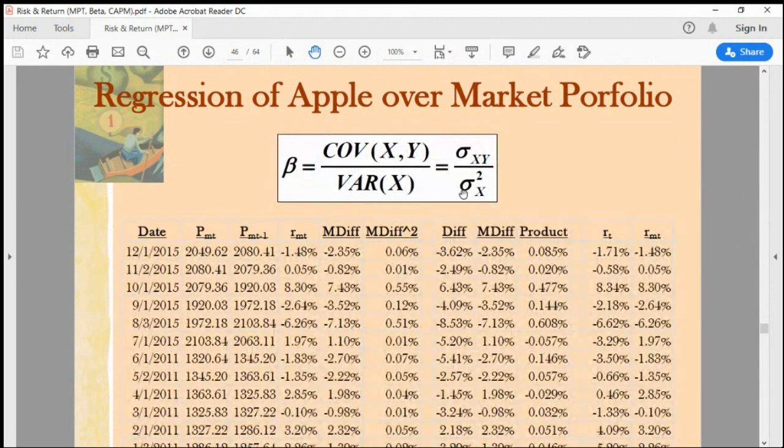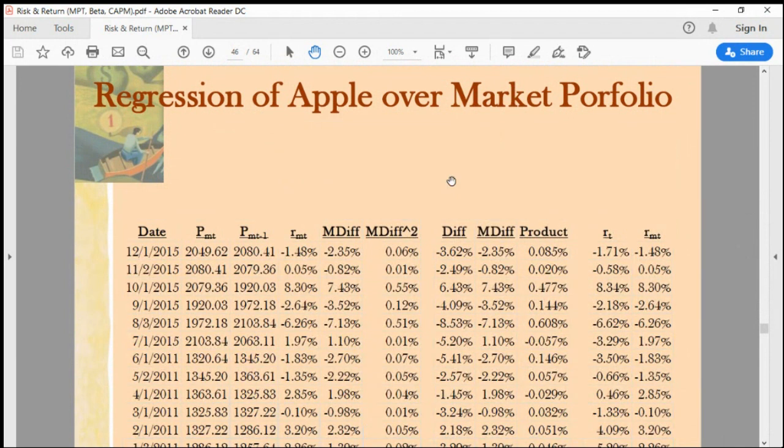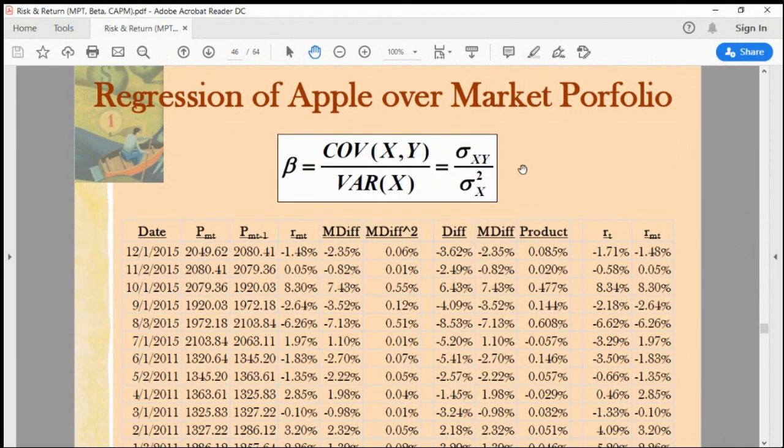So instead of variance of x, there was standard deviation of x and standard deviation of y. But think about it. What's the difference? Variance of x is what? Standard deviation of x times standard deviation of x. So look, it's still the same thing. The only difference is that instead of sigma x times sigma x, rho has sigma x times sigma y.